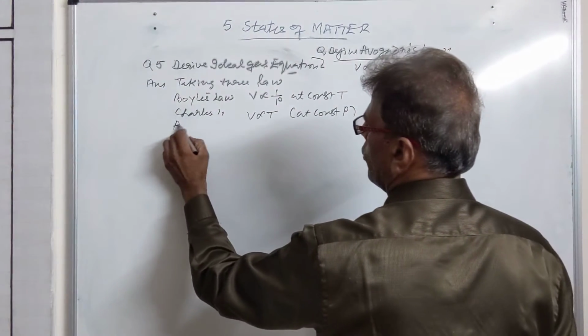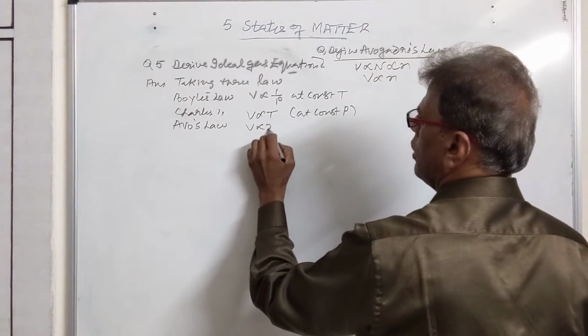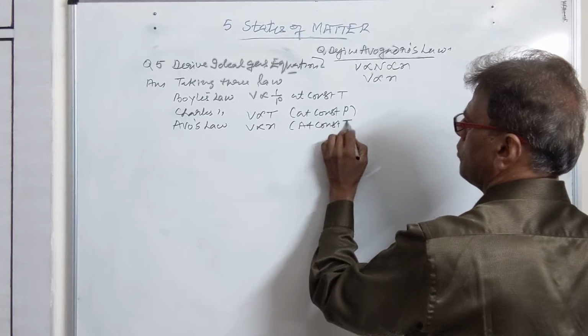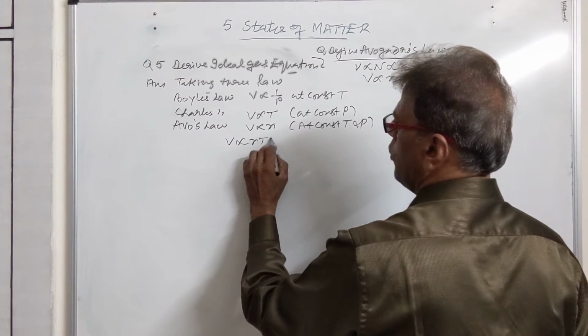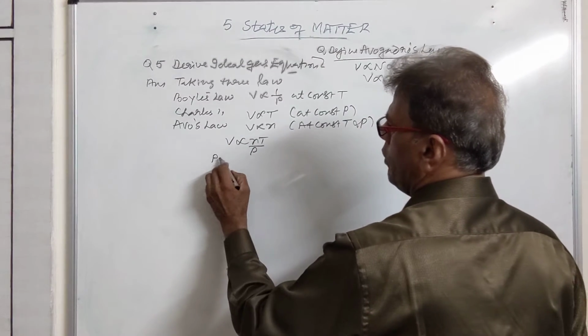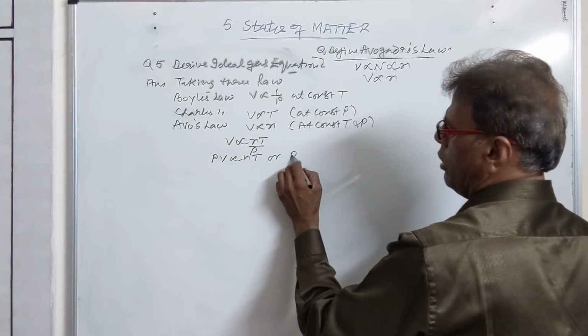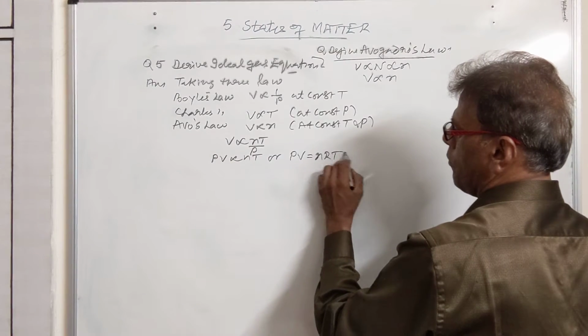Then we have Avogadro's law. It states V is directly proportional to number of moles at constant temperature and pressure. So V is proportional to nT upon P, or PV is proportional to nT. Removing the sign of proportionality by gas constant R, we get PV is equal to nRT.